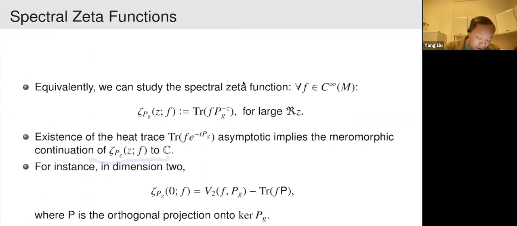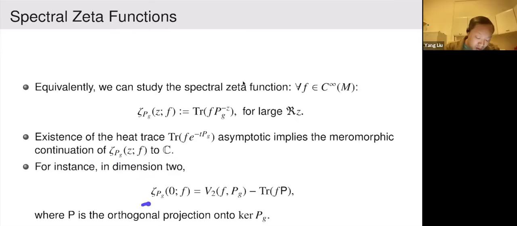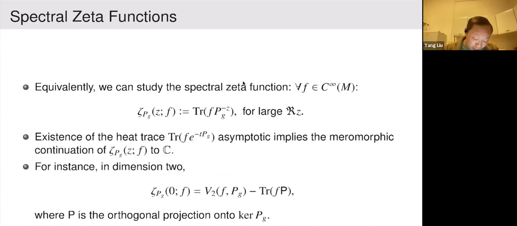For example, in dimension 2, which we'll need later, the zeta function at 0 is basically the second heat coefficient of P. If you take f to be the constant function 1, the trace of the projection onto the kernel is the dimension of the kernel of P_g. Namely, the zeta function value and the second heat coefficient differ by a constant.